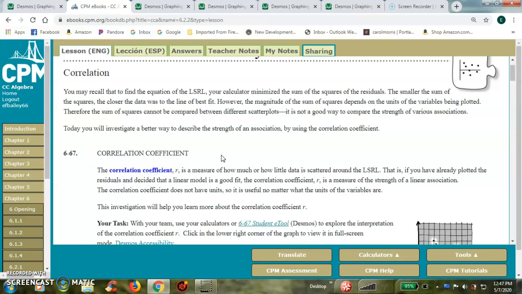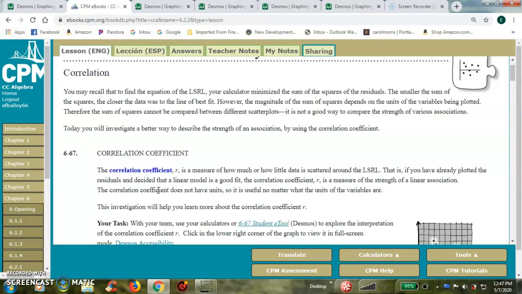We now can actually give a number to how strong an association is. And because we can do that, we can compare quite precisely the strengths of two different scatter plots. This becomes very important for statisticians. So the correlation coefficient R is a measure of how much or how little data is scattered around the LSRL.